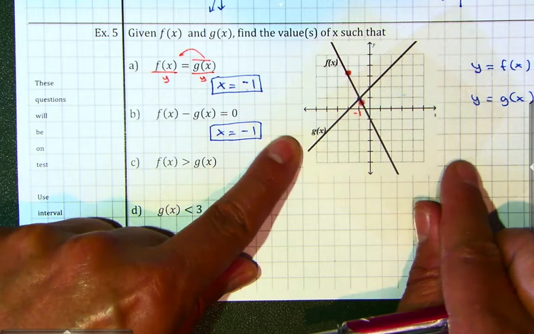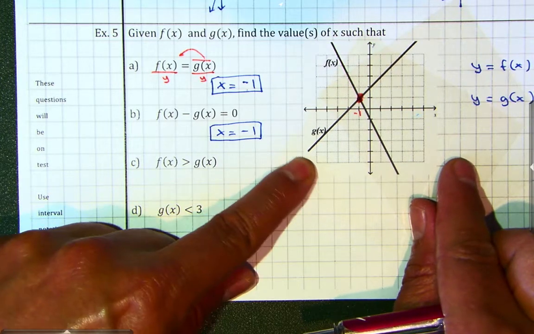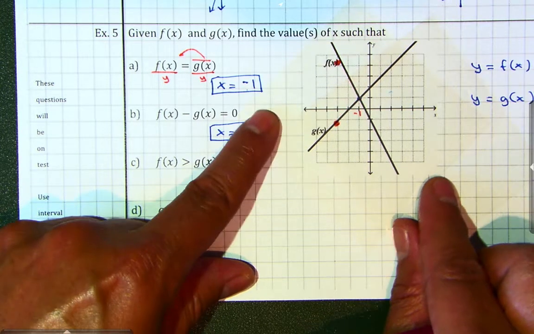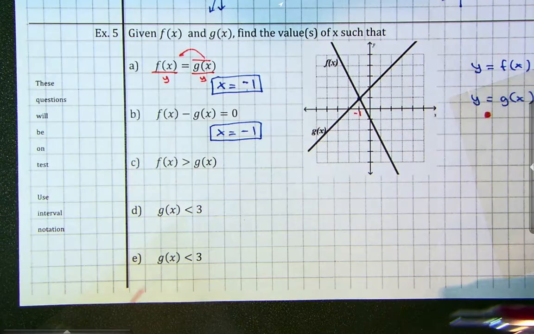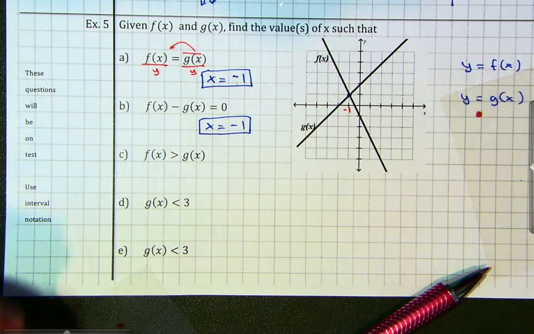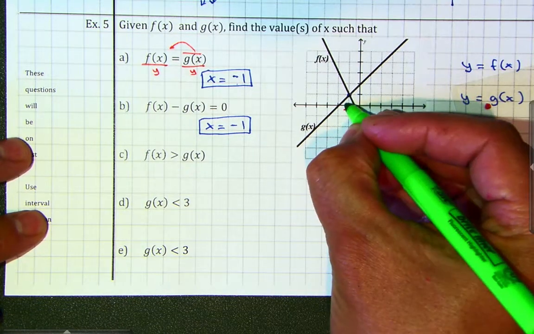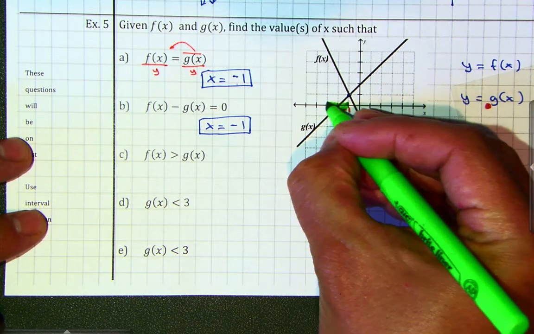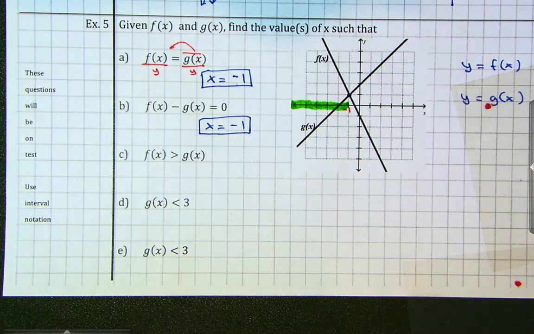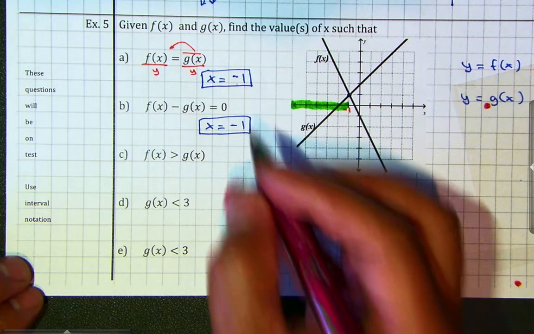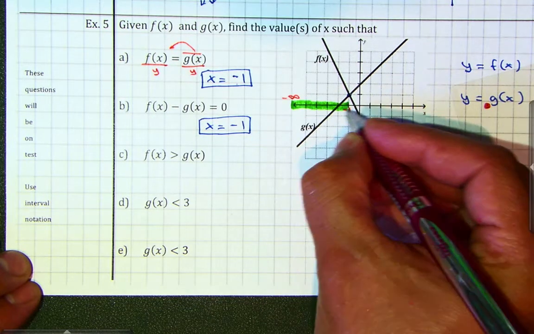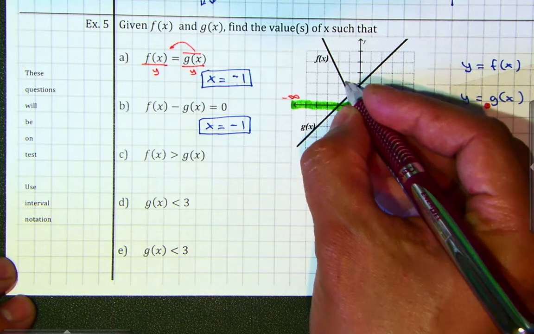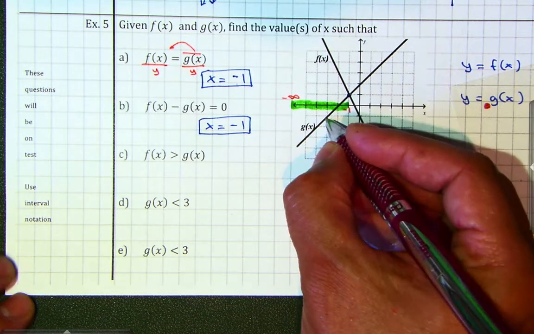It stops being greater than here. All of those values, the f of x is bigger. Do you agree? So therefore, for all the values from up to -1, from -infinity all the way up to -1, the f of x values are larger than the g of x values.